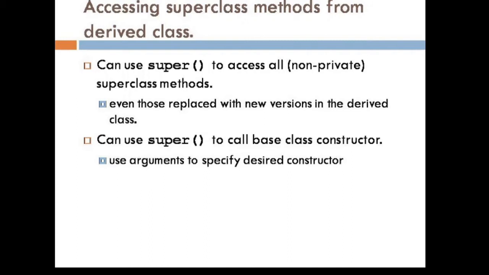Suppose there is a derived class called B, that is being derived from the parent class called A. And if A is having a public member method known as meth1, and the body is also having a method called meth1, in order to call the methods given by the parent, we use the super keyword.